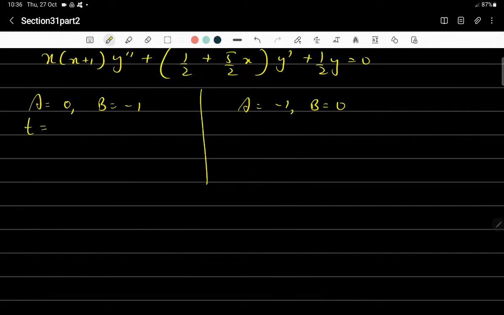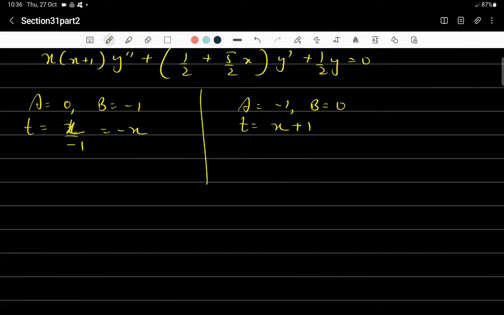If you take A = 0, B = -1, then t = (x - A)/(B - A), so (x - 0) divided by -1, which is -x. Otherwise t = (x + 1) divided by (B - A), which is 1. Yes, both are acceptable.